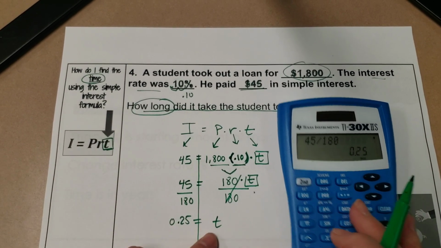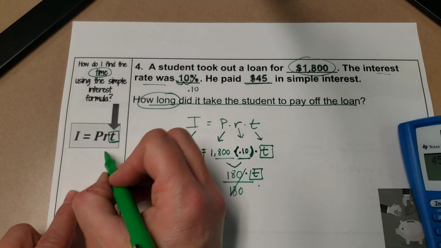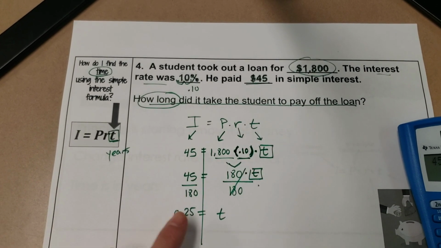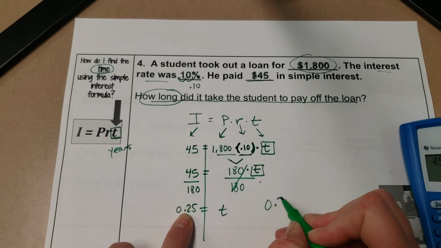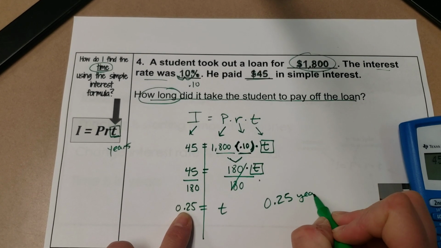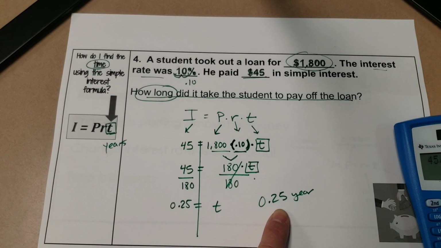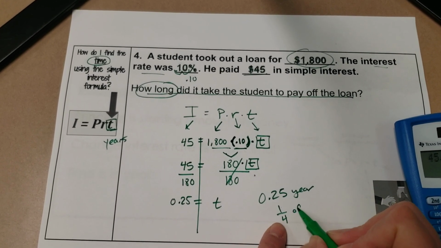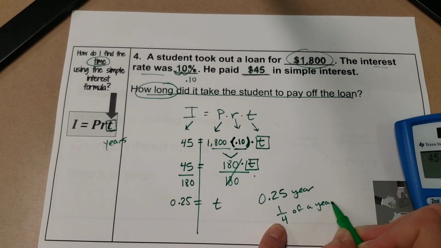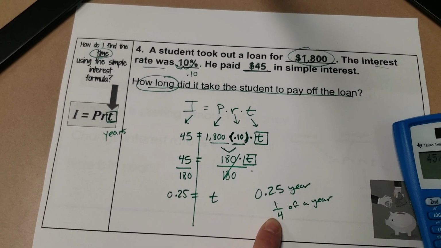Now remember, time is always in terms of years. So this is saying 0.25 years. Well, it kind of sounds funny to say 0.25 years. What fraction is 0.25? Wouldn't that be 1/4? I could say 1/4 of a year. Better yet, how many months is 1/4 of a year?